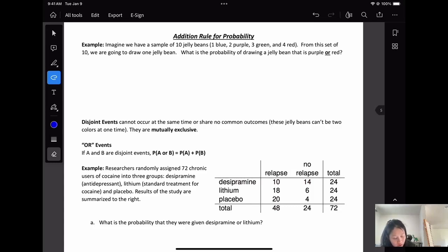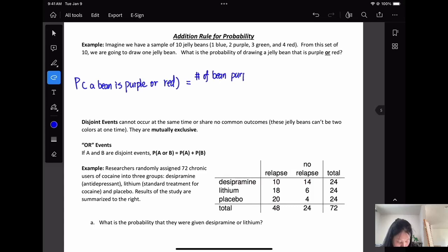Okay, so the probability of drawing a bean that is purple or red is going to equal the number of jelly beans that are either purple or red over the total number of jelly beans.